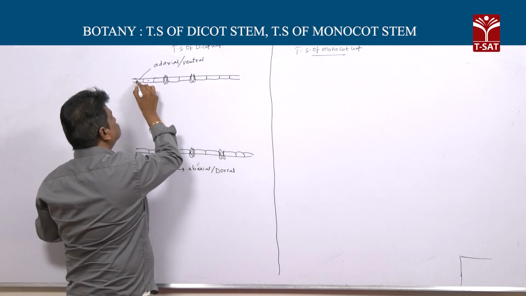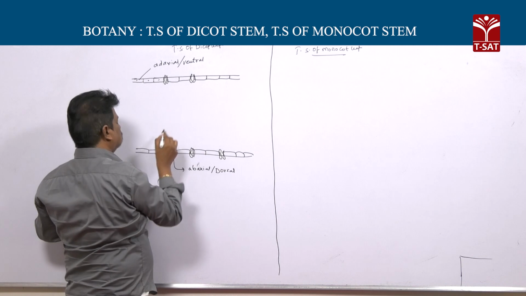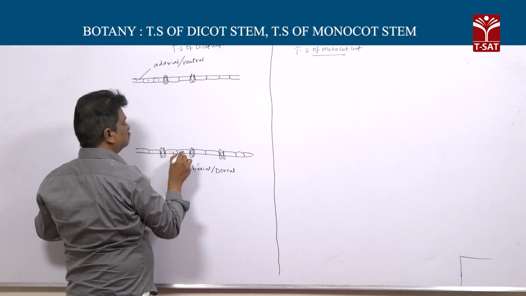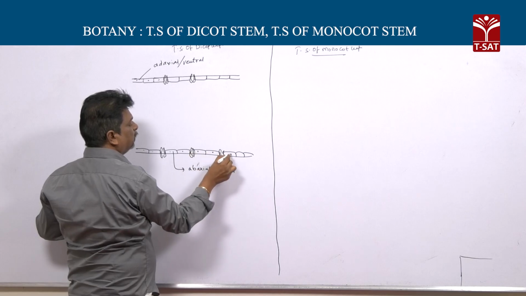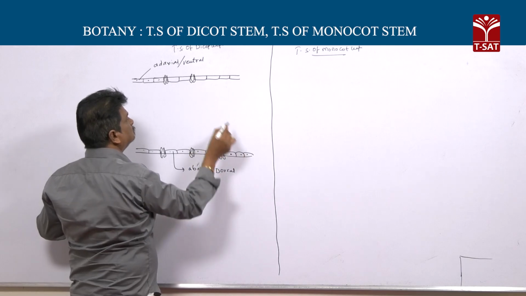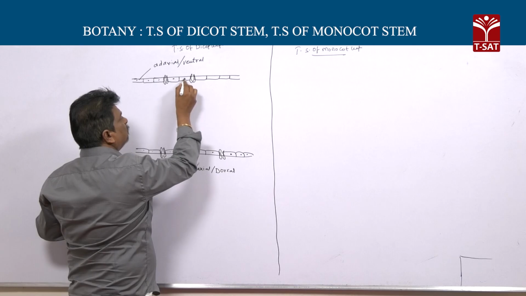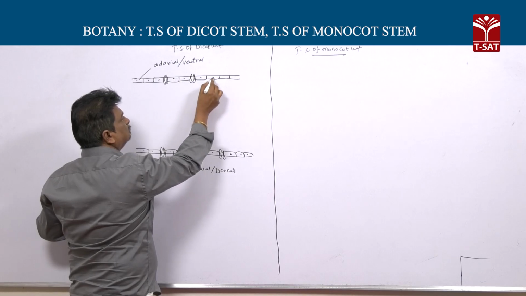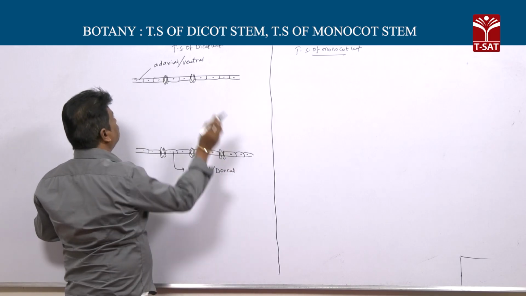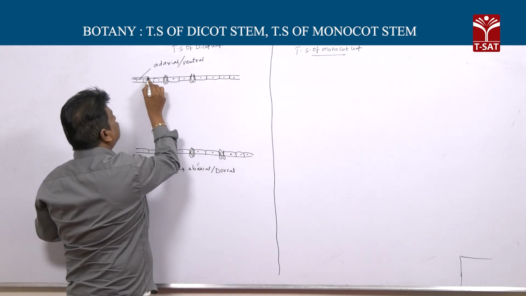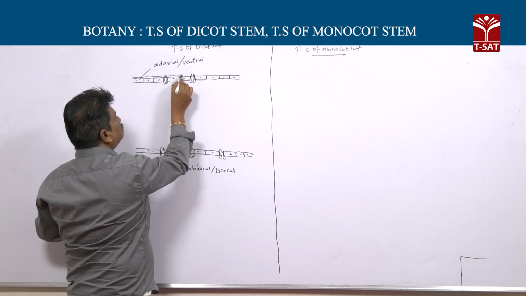Living cells have nucleus and cytoplasm. Then this epidermis is covered by cutin.